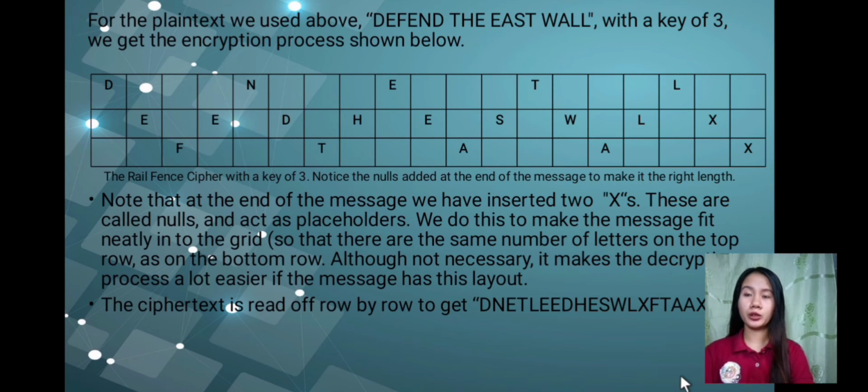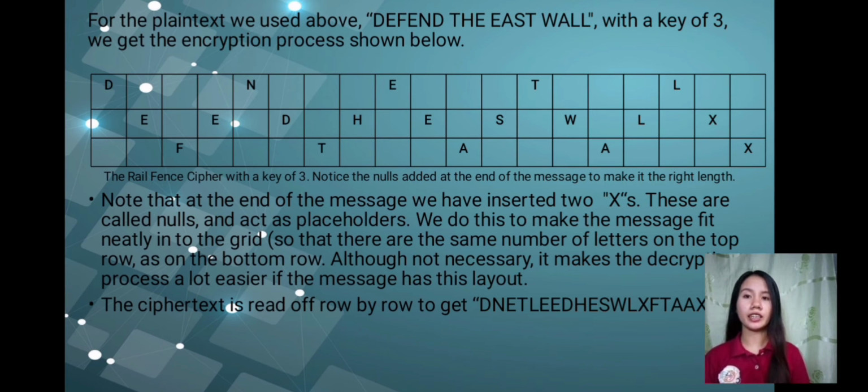For the plaintext, we use defend the east wall with a key of 3. We get the encryption process shown below. Note that at the end of the message, we have inserted 2 X's here at the right length. These are called nulls and act as placeholders. We do this to make the message fit neatly into the grid, so that there are the same number of letters on the top row as on the bottom row.